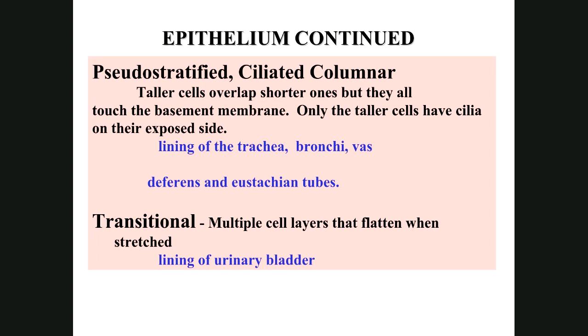The lining of the trachea and your bronchial tubes, the tubes that lead into your lungs, are pseudostratified ciliated columnar epithelium. They save your life every time you breathe. The dust in the air is loaded with bacteria, viruses, particles, dirt, you name it.